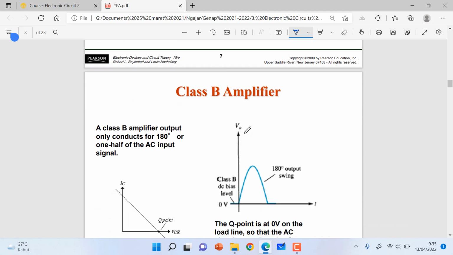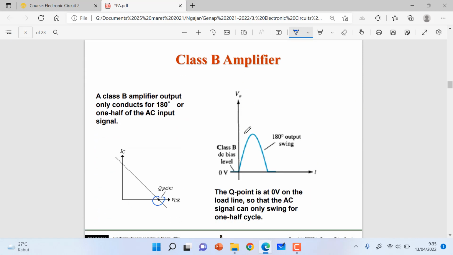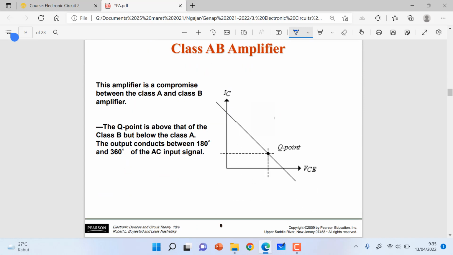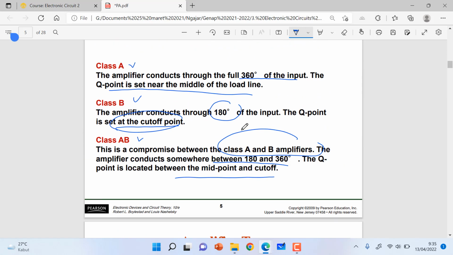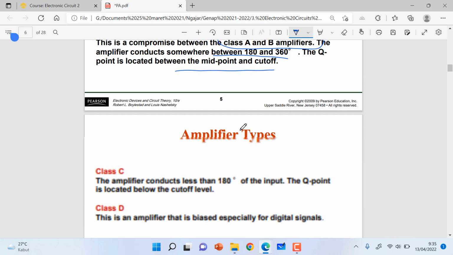So for class B the key point is over there at the cutoff point, and class AB is in between. This is class A, and here is class B. Okay, so this one is class AB, in the middle between class A and class B, and it conducts between 180 and 360 degrees.